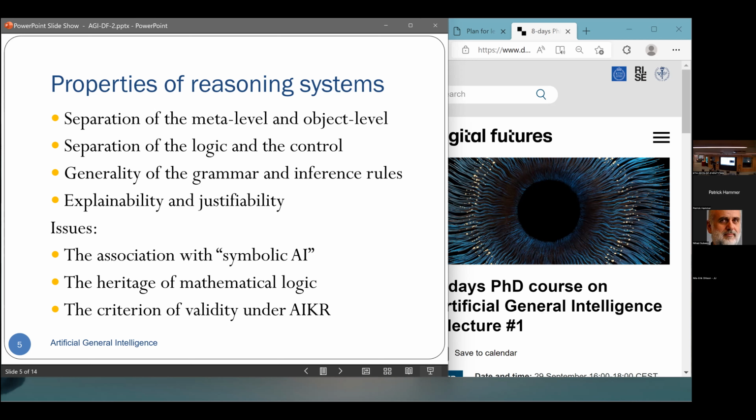Now, as I said last week, we assume insufficient knowledge and resources, or the so-called AIKR assumption, which basically means you don't have absolute truth to start with, which also means you don't have inference rules which are valid in the traditional sense. You cannot do truth-to-truth inference anymore.